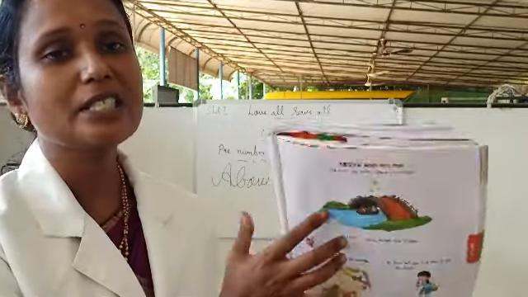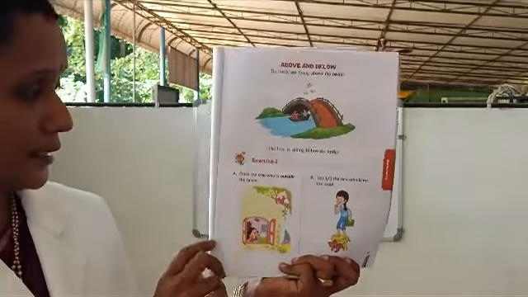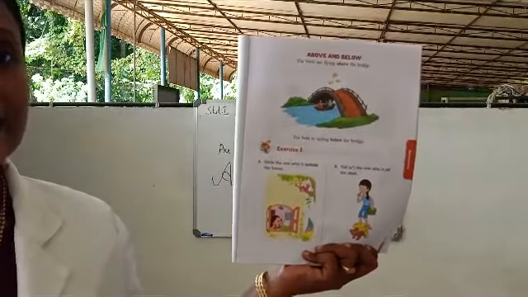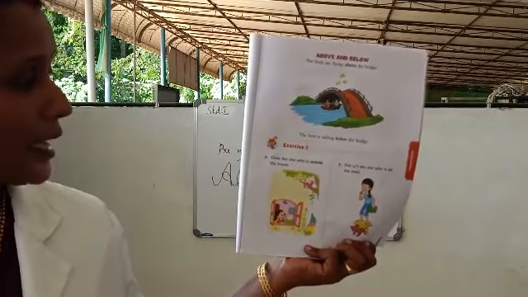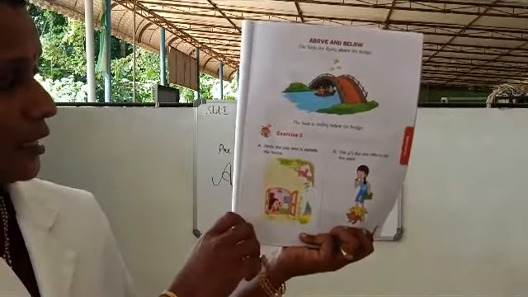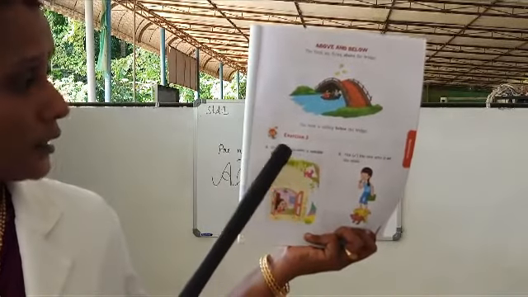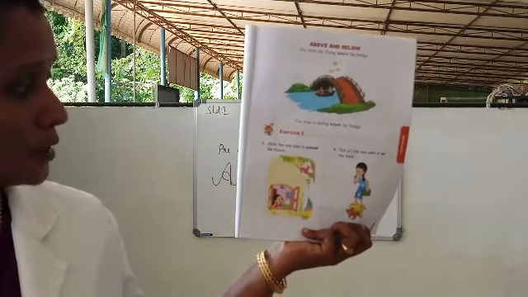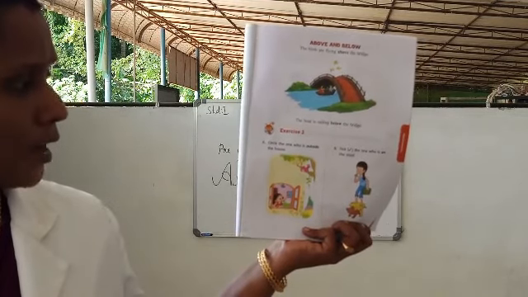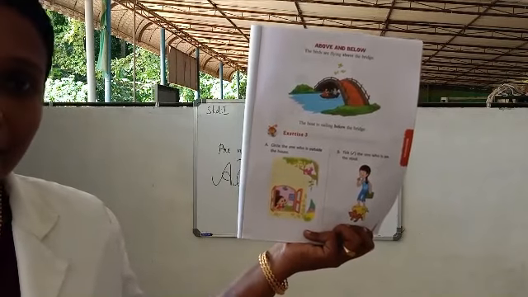Children, all of you take your textbook. Take page number 67, exercise 3. The first question: circle the one who is outside the house. Who is standing outside the house? The bird is standing outside the house.